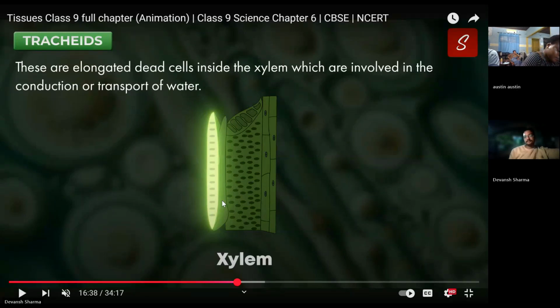Done? This diagram you have almost made. Diagram is completed? Almost done. Is it complicated? Do it fast, there's no time.